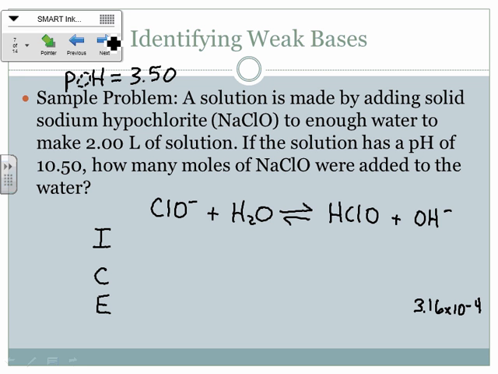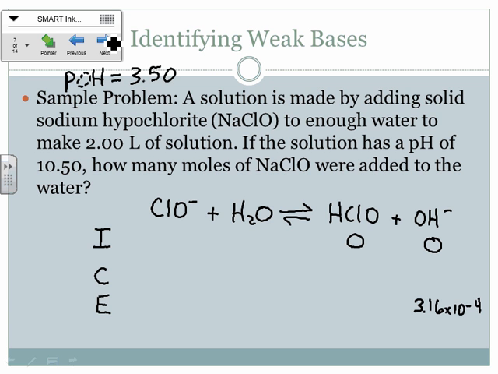Okay, now our initial OH minus concentration was 0. We can assume our initial HClO concentration was also 0. I mean, if you want to fill this thing out.